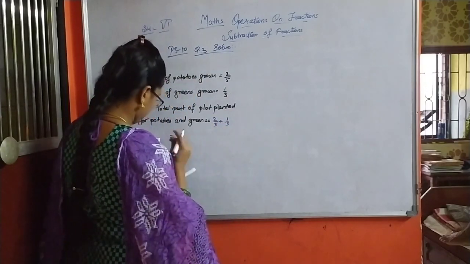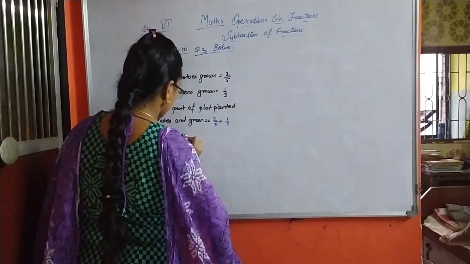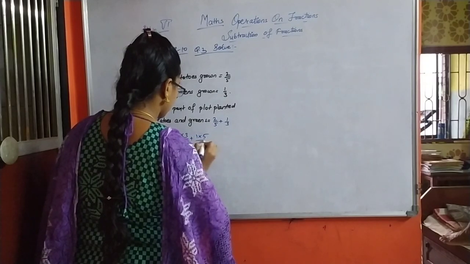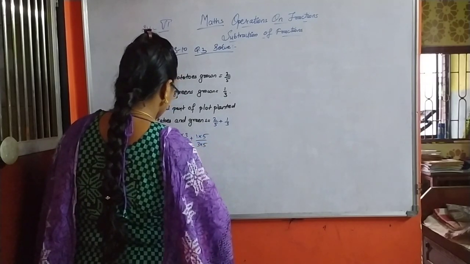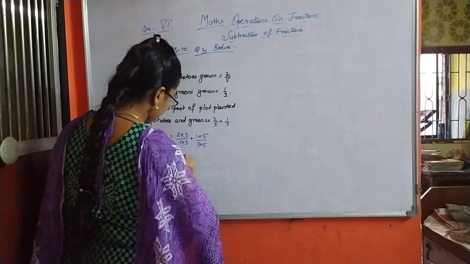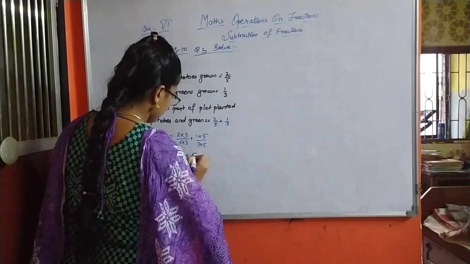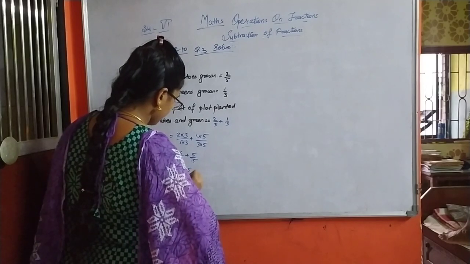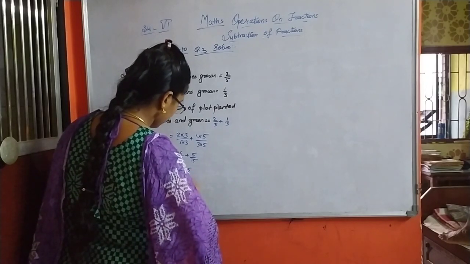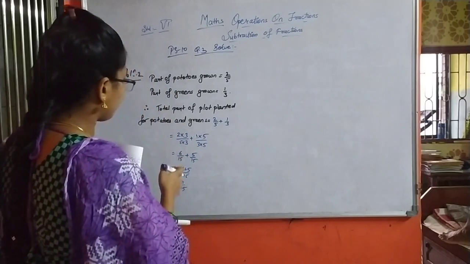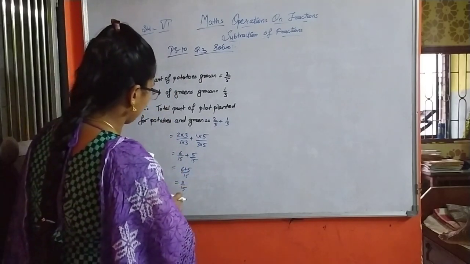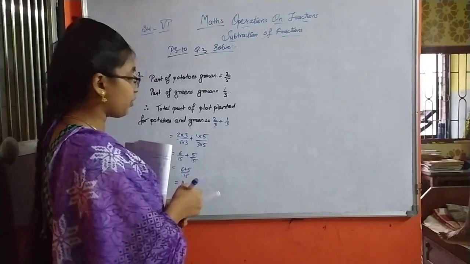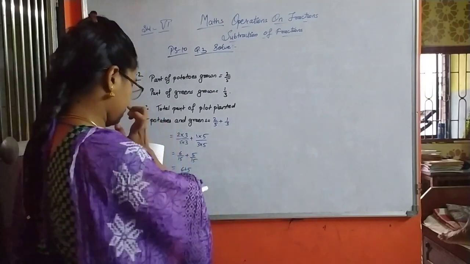The denominators are different, we can cross multiply it. So the total part of the plot taken for planting potatoes and greens together is 11 upon 15th part of the garden.